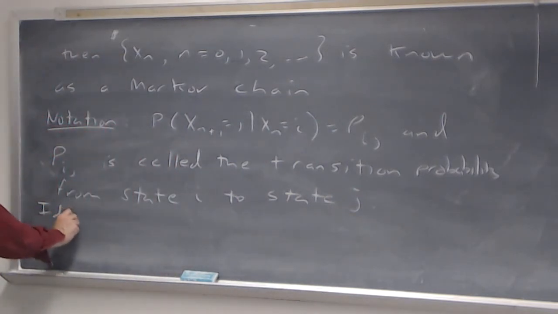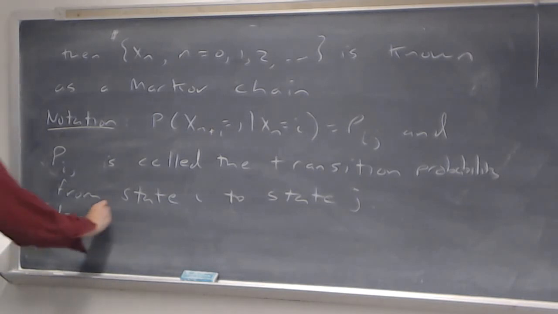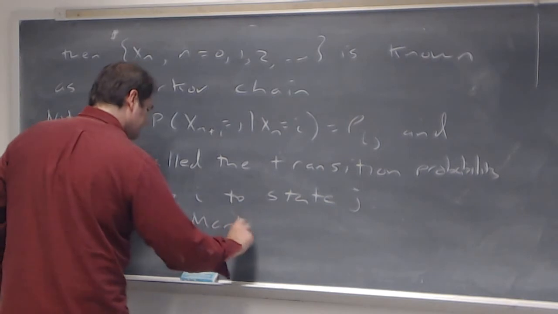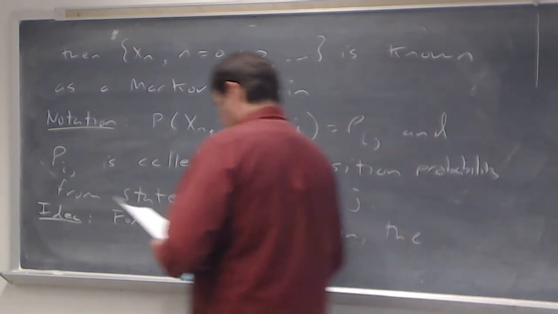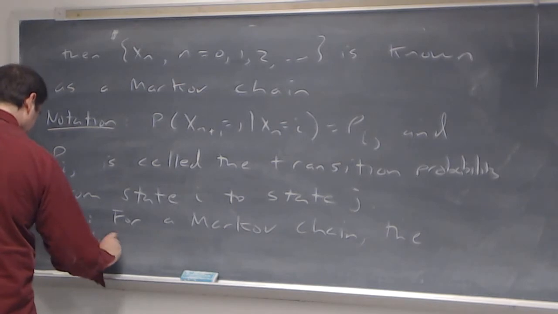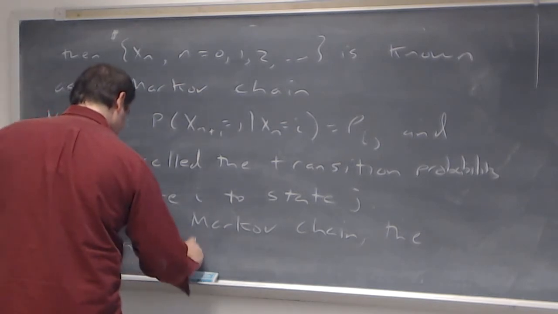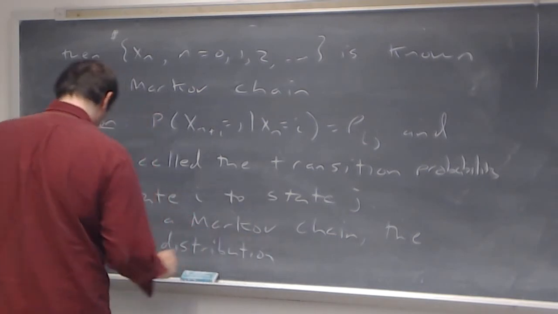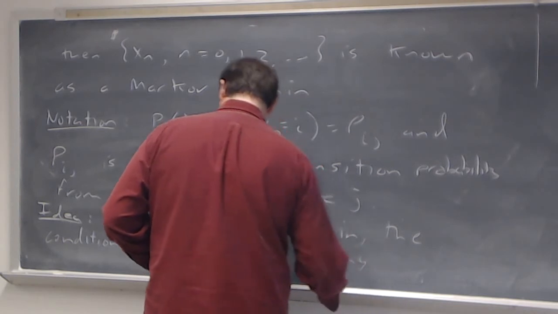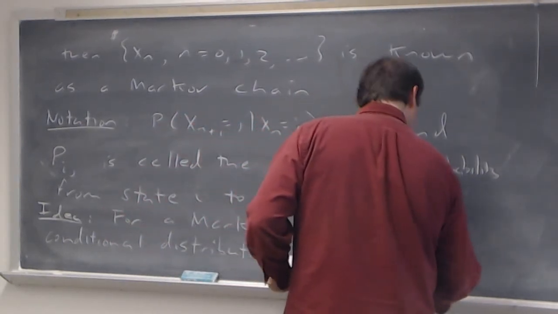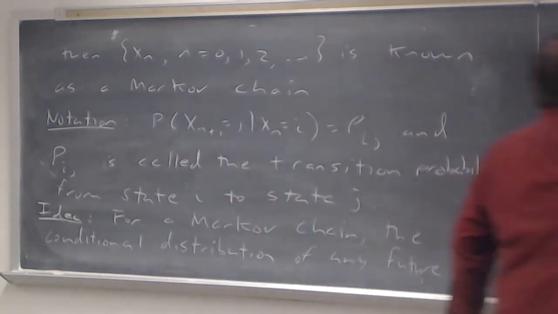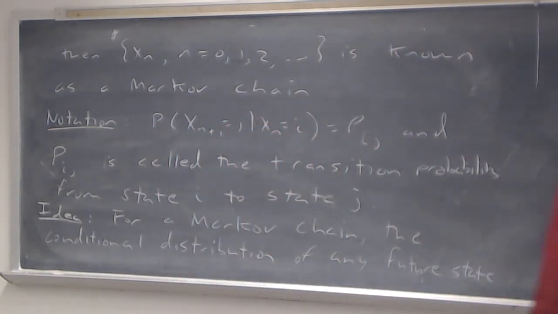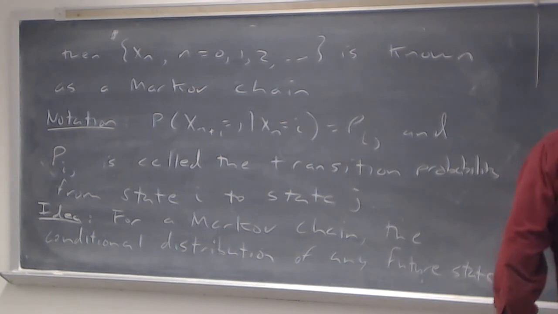And the idea is, for a Markov chain, the conditional distribution of any future state, we'll call that x sub n plus 1, maybe I should say for the next future state, we'll leave it as it is.